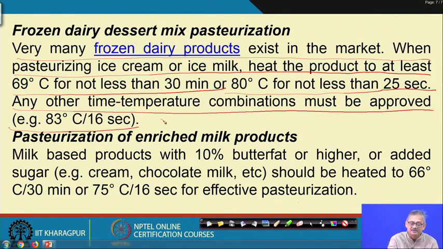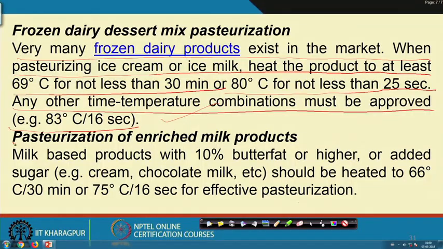But that time temperature combination you have to generate, and see at the end through any enzyme which is highly heat resistant, that if that inactivation is over, then you can conclude that pasteurization is over.